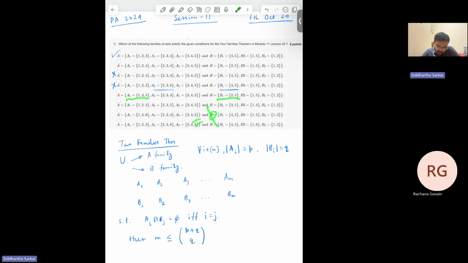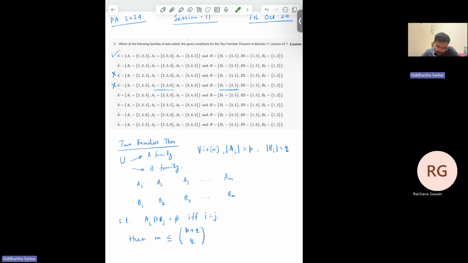There's nothing in common, so the intersection is empty. That's good. Now let's look at A1 intersection B2. So 1 is common, as expected per the condition of the theorem. A1 intersection B3. Again, 1 is common. So the condition is satisfied.